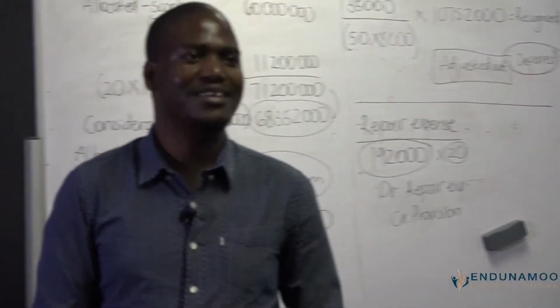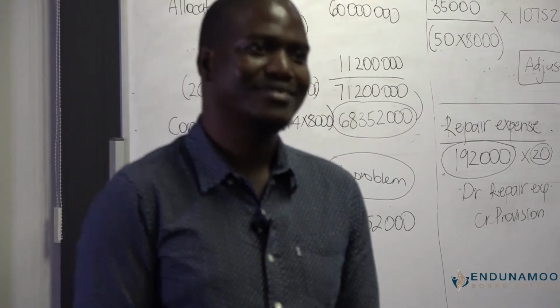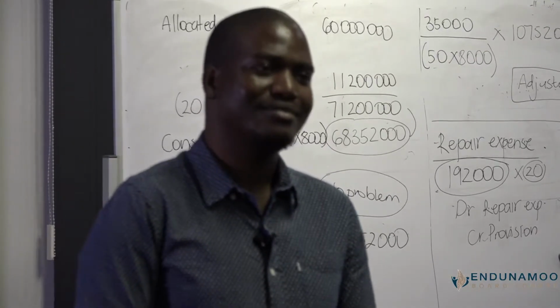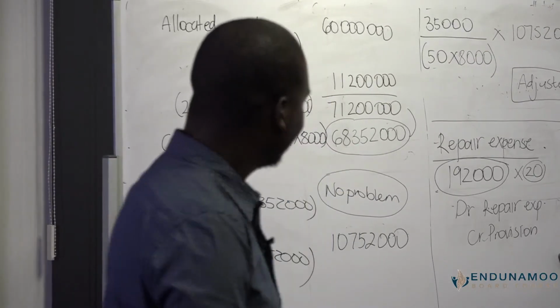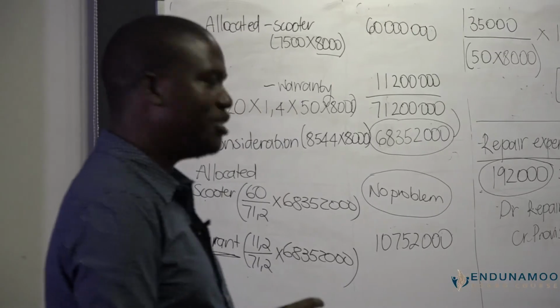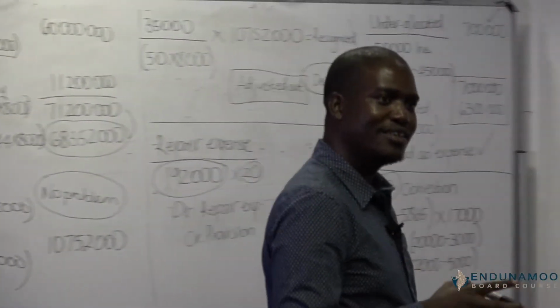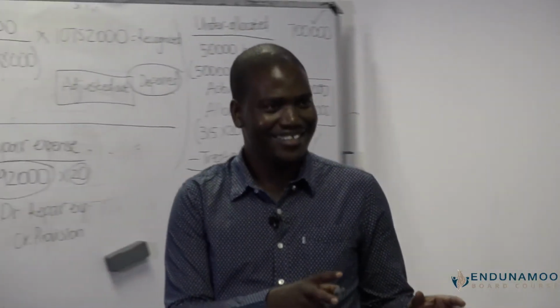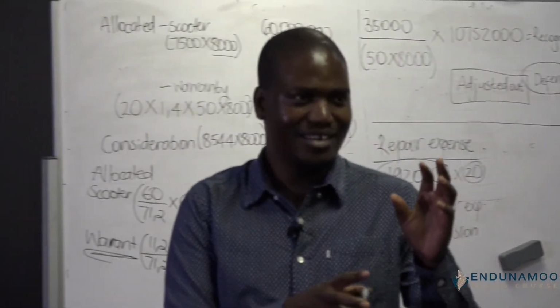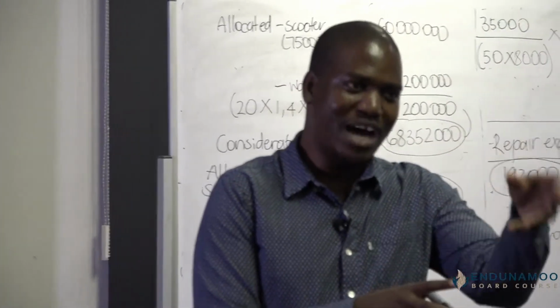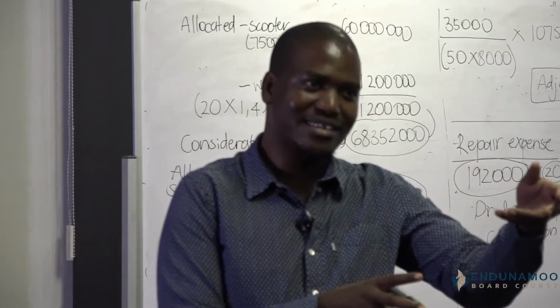Which part exactly? Which part of the provision do you not believe? I want to know which part you are not believing. Everything. Everything. That's why I'm asking which part, the debits and the credits?